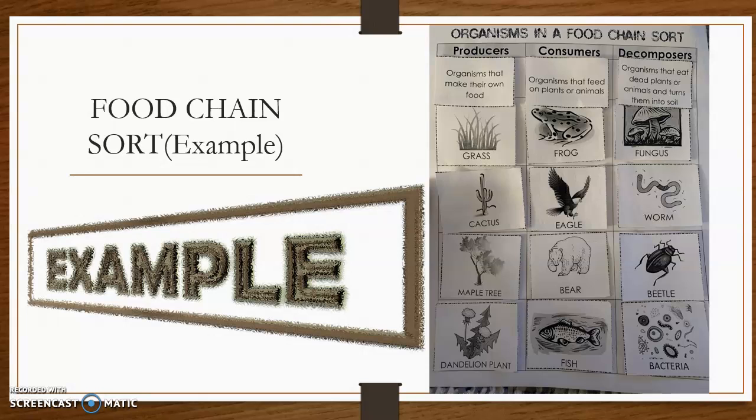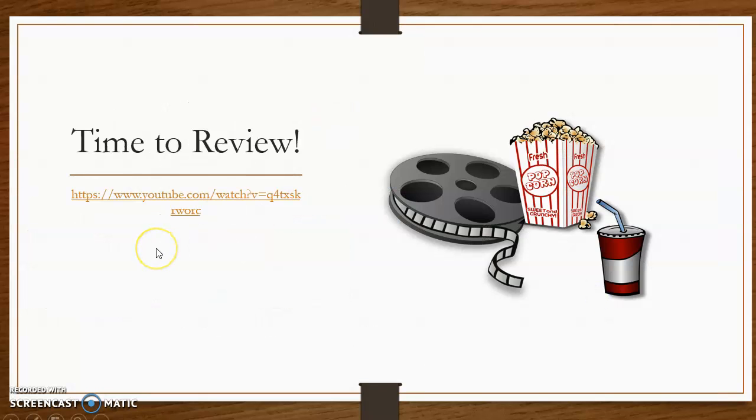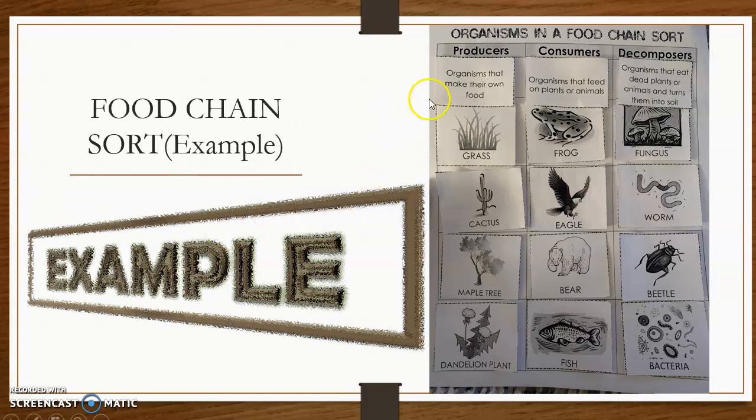As you complete this activity, this is a completed version that I did. So it is going to show you the definition of each producer, consumer, and decomposer, and then it's got 4 examples of each.